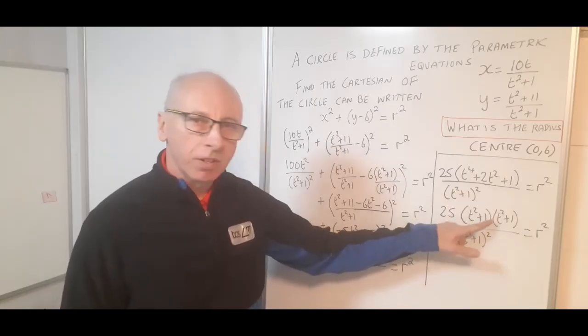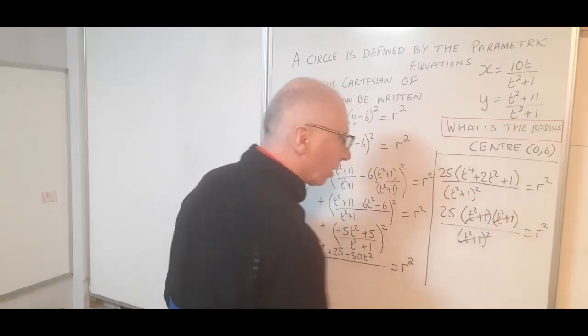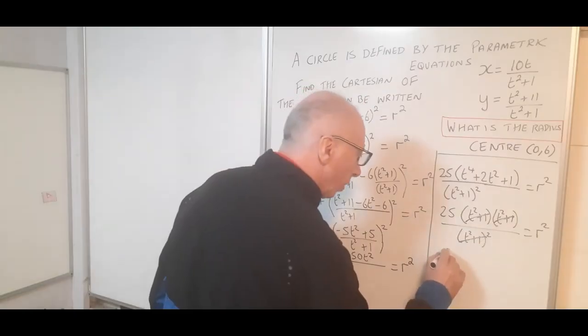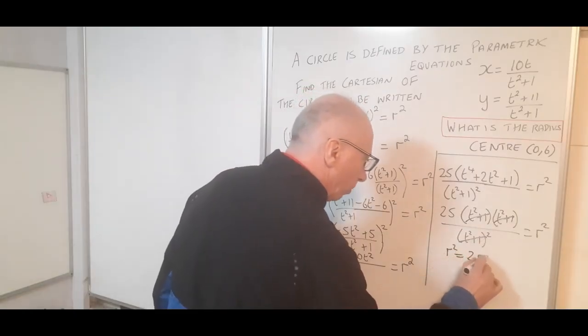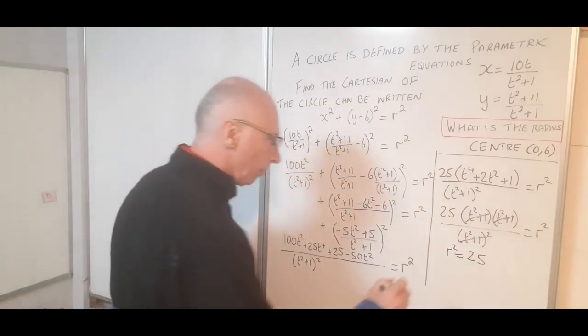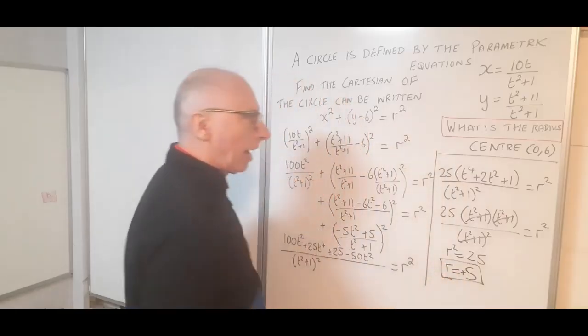Then that and that are the same thing, so quite nicely they just cancel out. So now left with r squared equals 25, in which case the radius is plus or minus 5. Obviously it can't be minus 5, so the radius of this circle is going to be plus 5. And we are done.